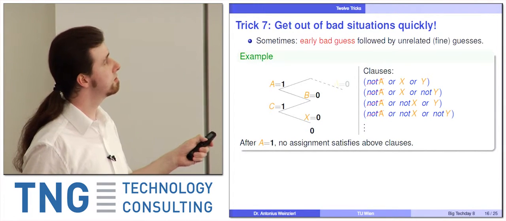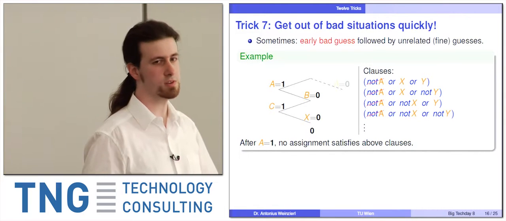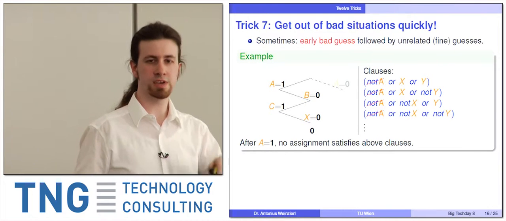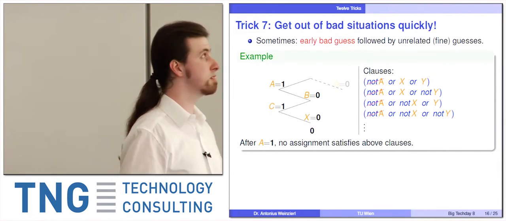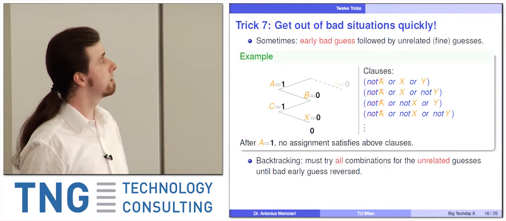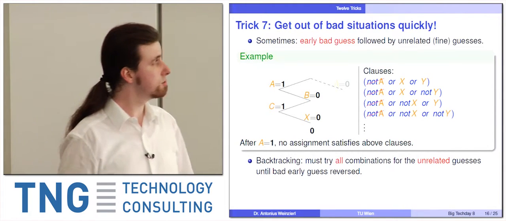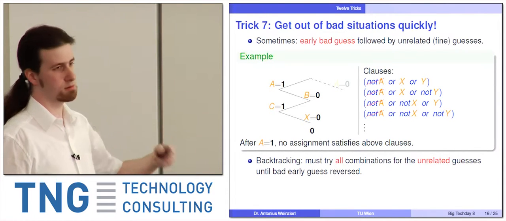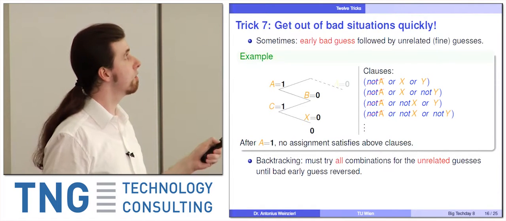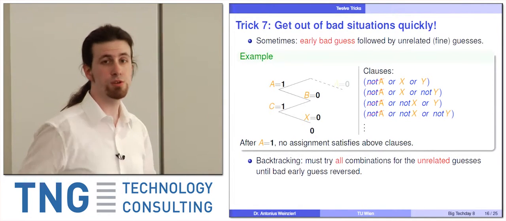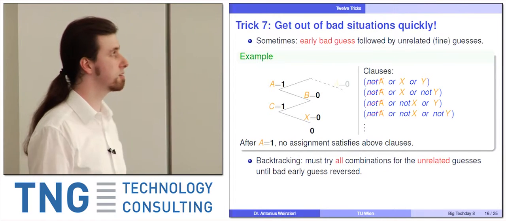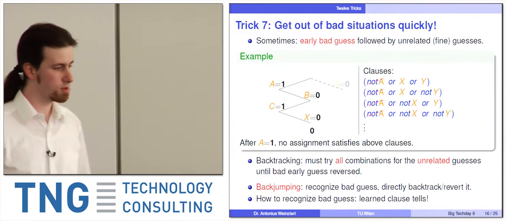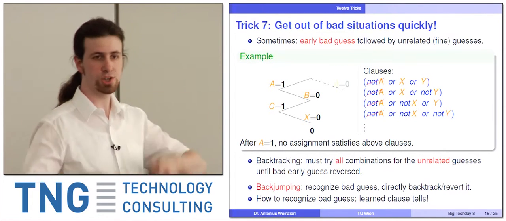Then we go back to C is 1, we remove this assignment, make the other one C is false, and then we try X again, and then it will fail again, and then we go back until B. So what we would much more likely do is directly go up here to the A. Because this backtracking must try all combinations, also for the unrelated ones, because we don't know that these are the unrelated ones and the bad guess is actually over there, the A. But the trick here is to directly jump back.